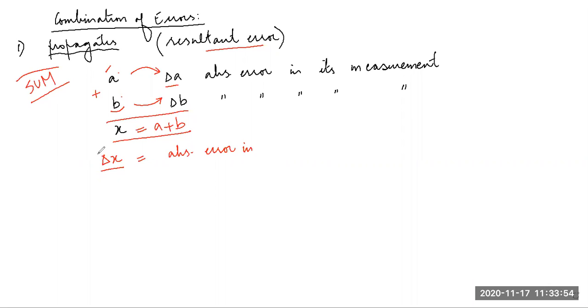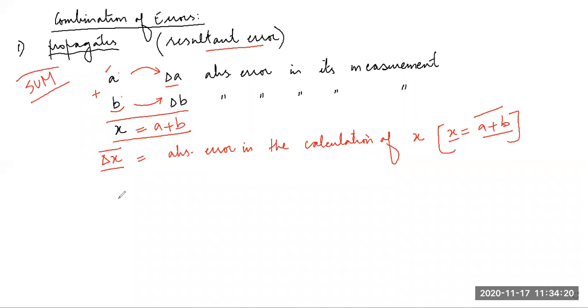So I want to calculate delta X, that is the absolute error in the calculation of X. And X is equal to A plus B. That means X is a function which is the sum of both quantities A and B.